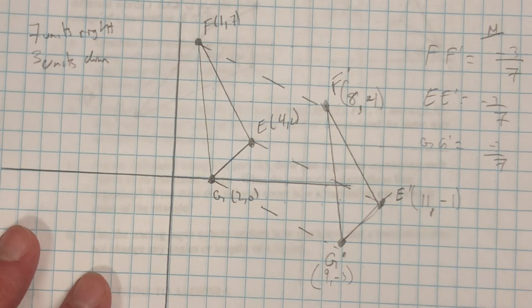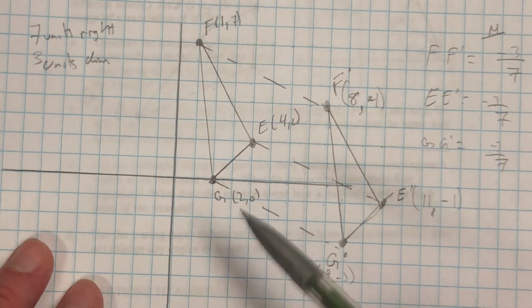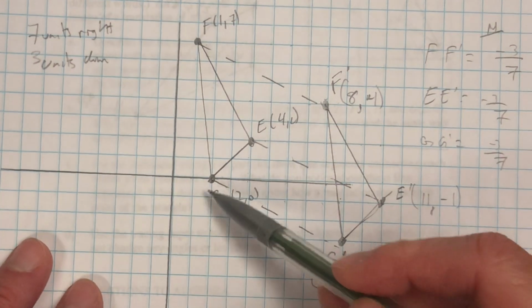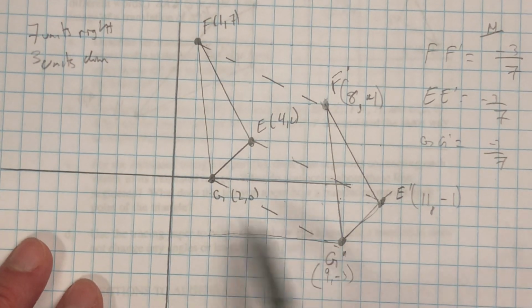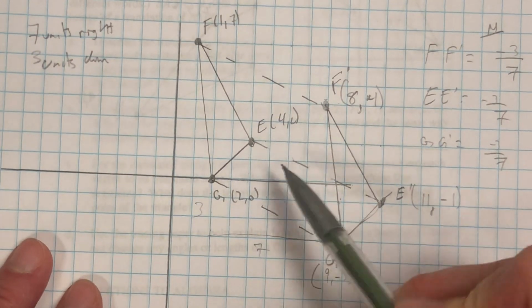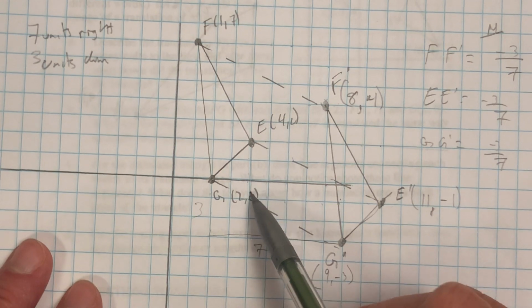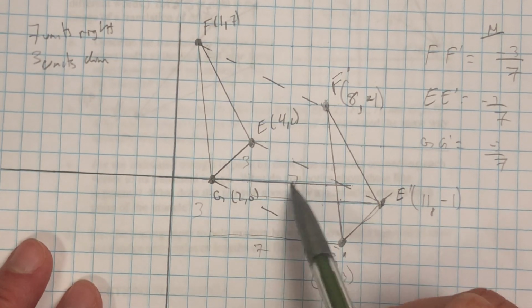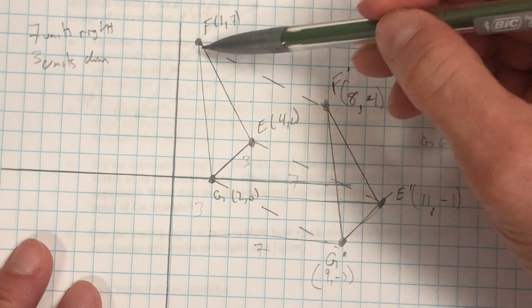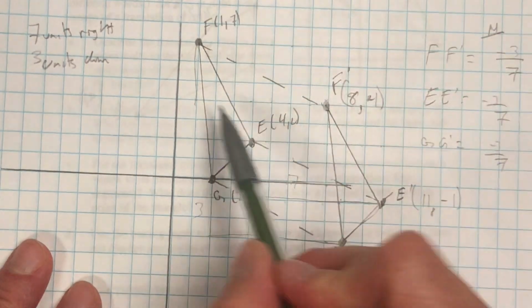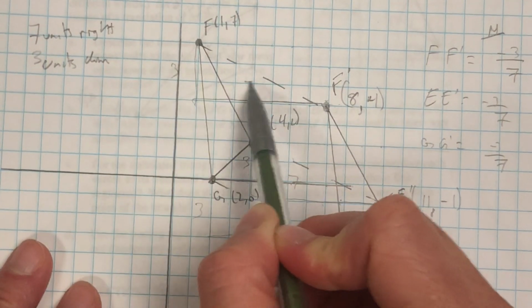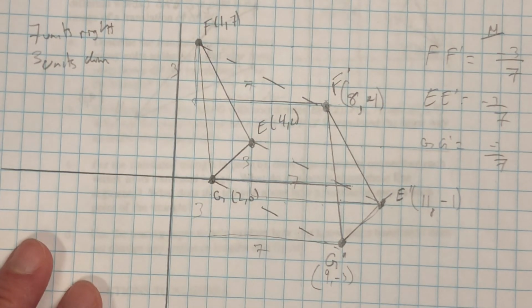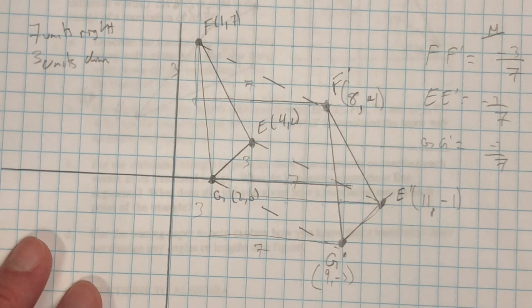And they're all congruent to each other as well. Okay, because if we created a triangle, and this was 3 and this was 7, and again this was 3 and this is 7, and again this is 3 and this is 7, they're all going to be the same length.